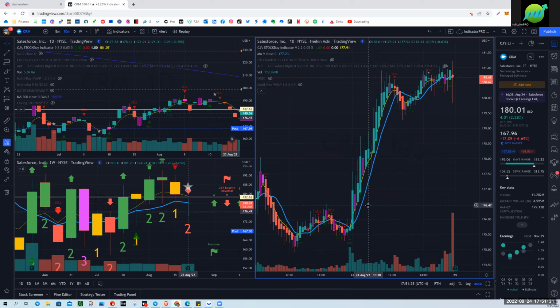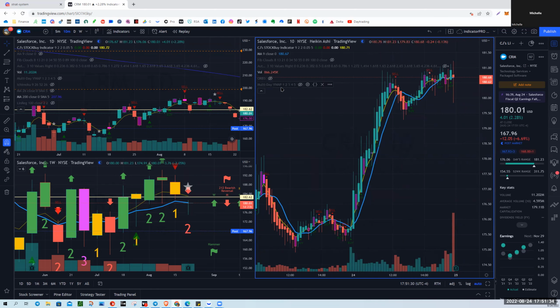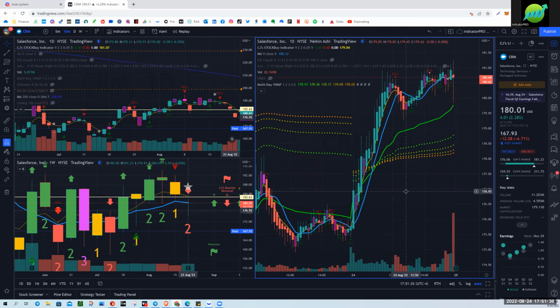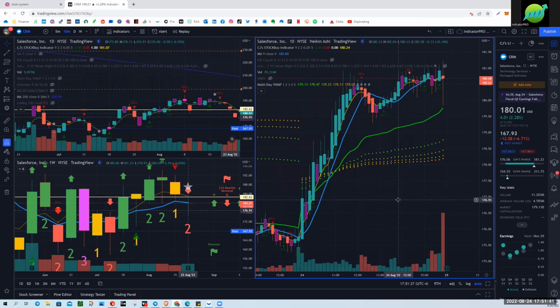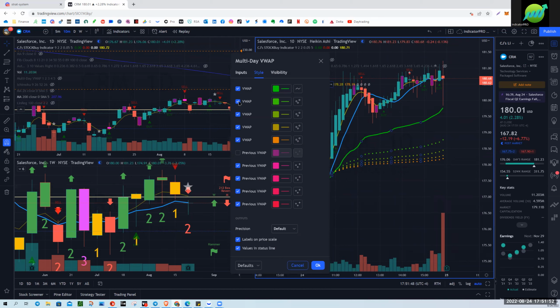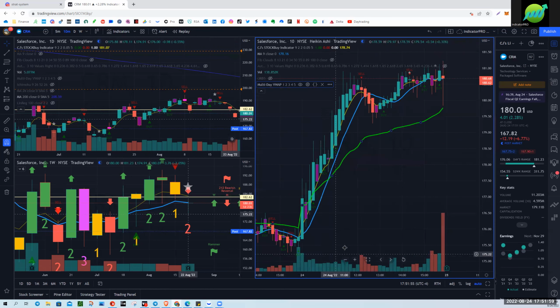Why is it not showing? You have to put it on there, you go. There you go. So that's your 1, 2, 3, 4, 5. But I find these repetitive. Some people use this as support. I just find them repetitive. I just want to know what is the volume weighted average for that given day. That's all I want to know right there. Okay. Not to mention that it's nice and clean.